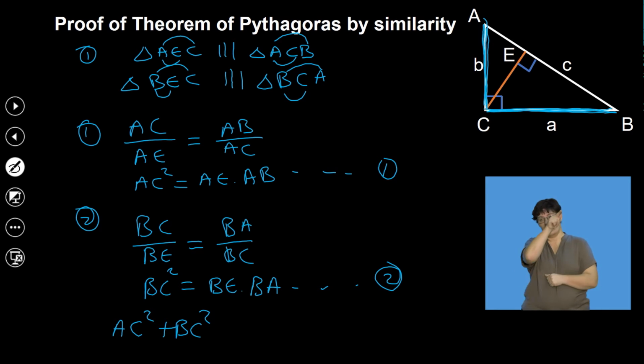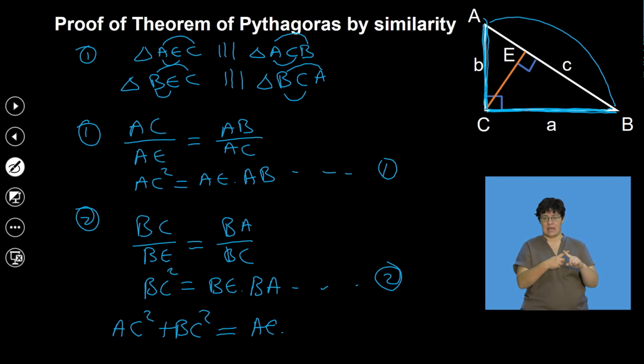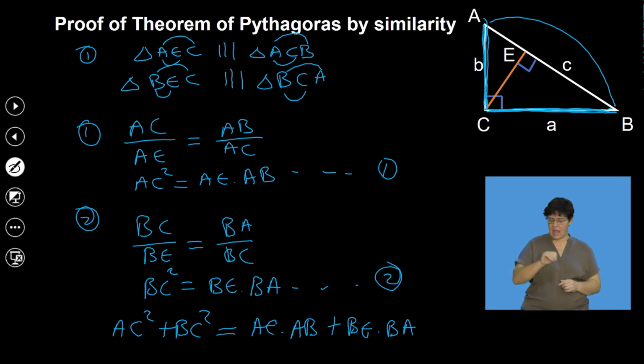It must be equal to this one here, which is the small letter c, according to the theorem of Pythagoras. So that's what I'm trying to find there. So this will be equal to AE multiplied by AB plus BE multiplied by BA. And then you know, guys, there's AB there.